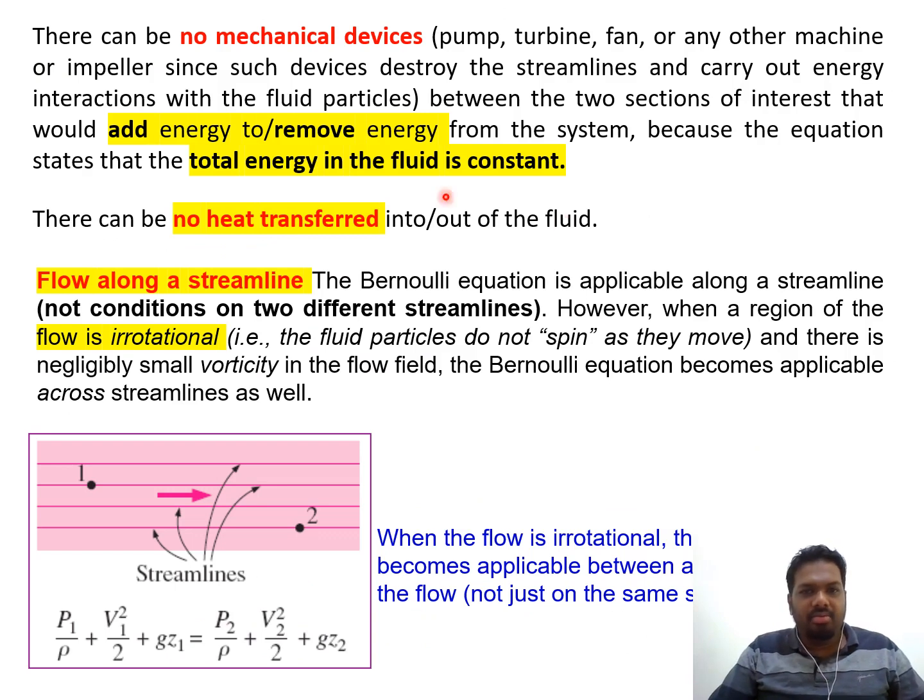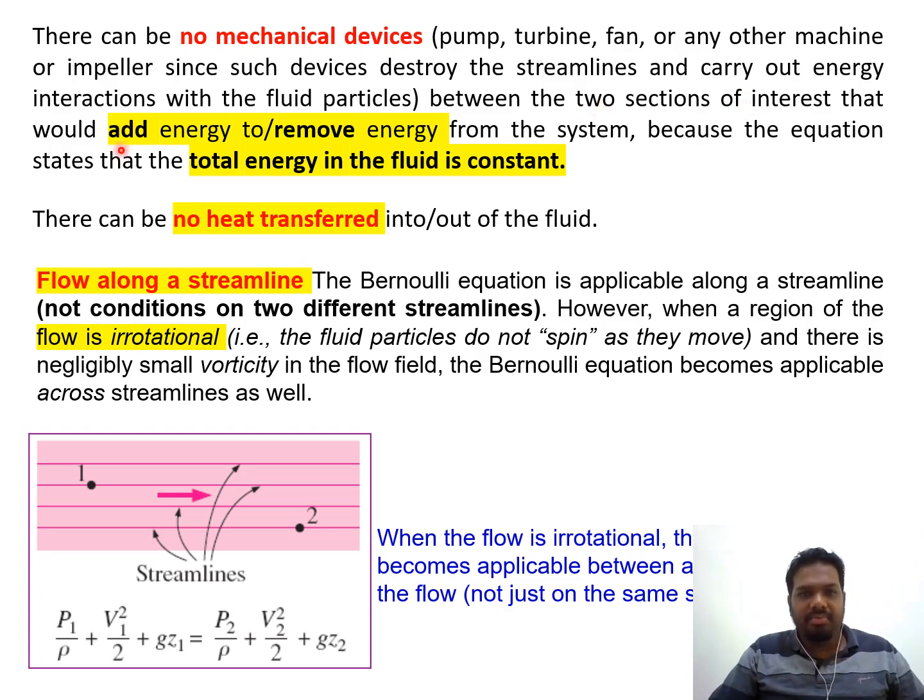There can be no mechanical device. If your flow is connected to a pump which increases the speed, or a turbine, a fan, or other types of machines or impellers that affect the flow, then you cannot use it.